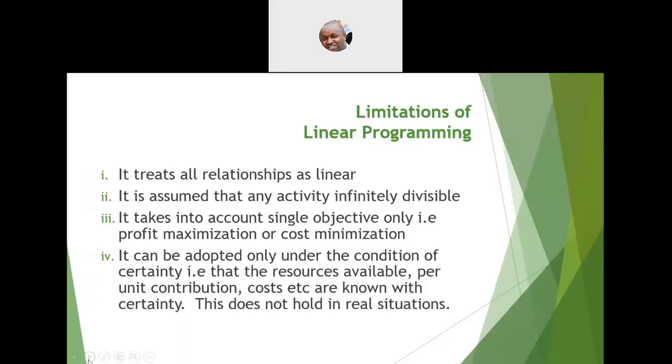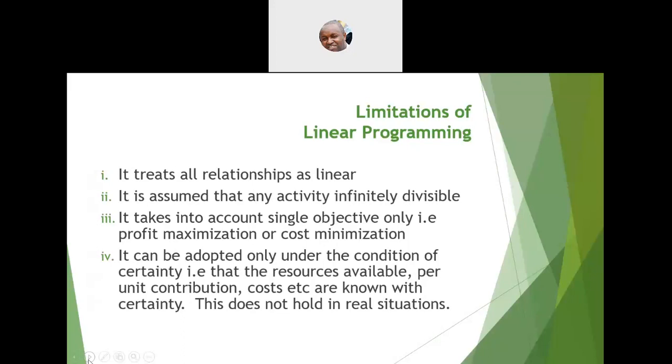Although in real life, you can't do profit maximization and cost minimization at the same time either. Even when you come to linear programming, you cannot take multiple objectives. You can only take one objective.